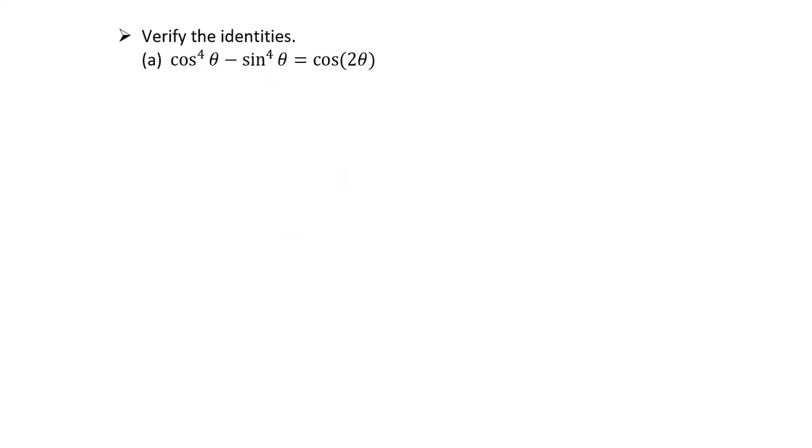Verify the identities. Cosine to the 4th theta minus sine to the 4th theta equals the cosine of 2 theta. Here I can use factoring. This is going to be the cosine squared theta minus sine squared theta times the cosine squared theta plus sine squared theta.